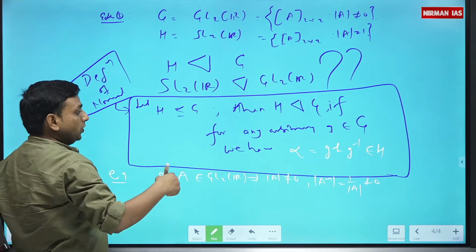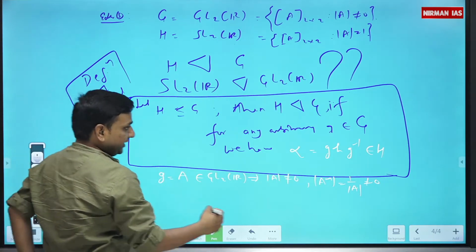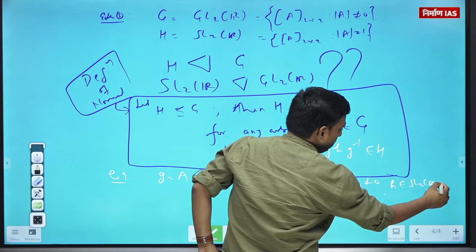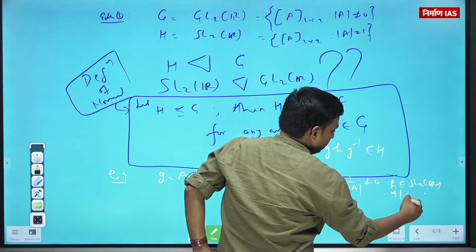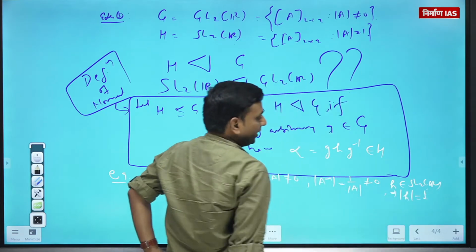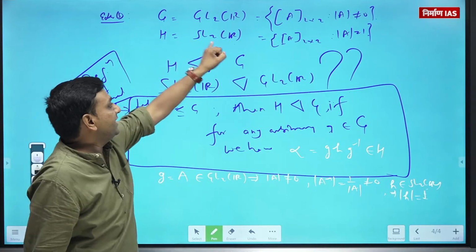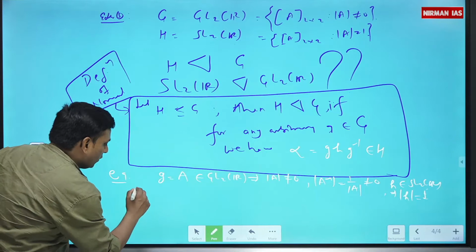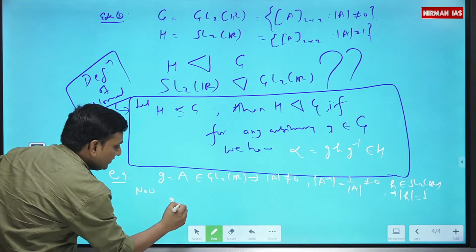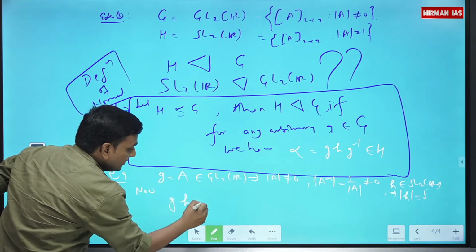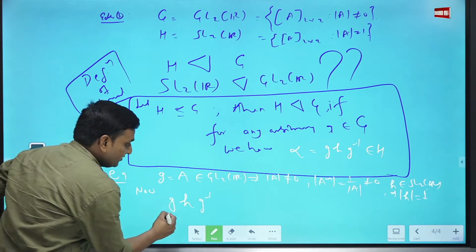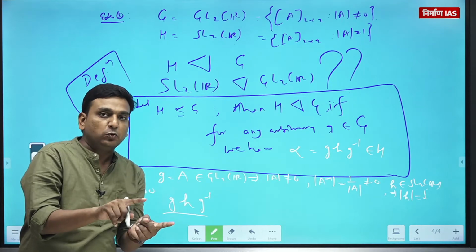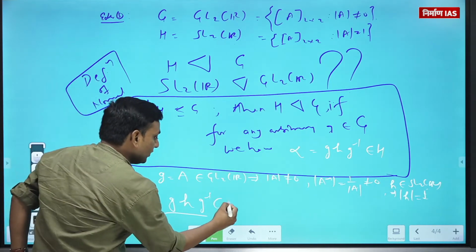Also we have taken some element h belonging to SL2(R). So this implies the determinant of h is 1, because elements of H are nothing but matrices with determinant 1. Now I want to know whether g h g inverse, the multiplication of these three matrices, will go inside H, meaning SL2(R), or not. This I wish to have.